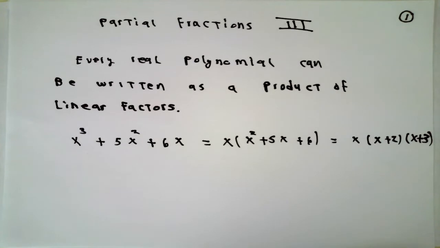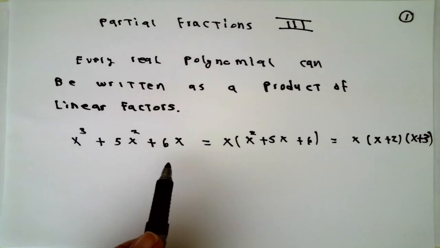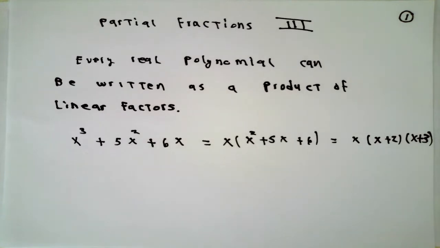The way that I could identify some information about these linear factors would be to look at the graph of x cubed plus 5x squared plus 6x and locate the places at which it's 0. In this case, that'll be x equals 0, x equals negative 2, and x equals negative 3.